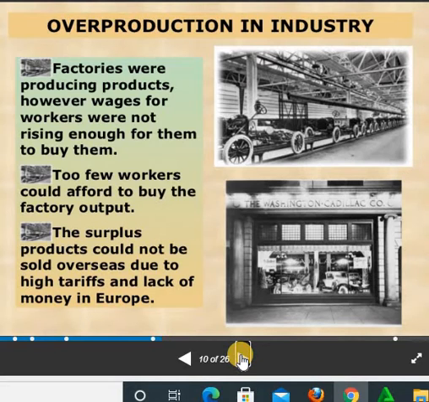But this was not the case, as 99% of the American population still didn't have money, and this led to goods flooding the market with no one buying them.